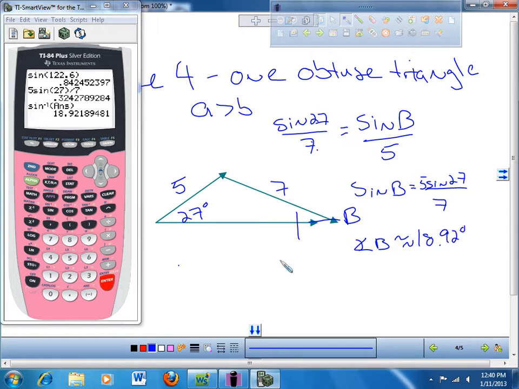So once you know that, then you could find C by subtracting from 180, and then you could find side C by just doing law of sines again. Okay? Easy. So there's 4 different things.